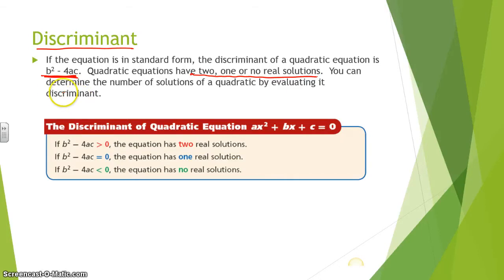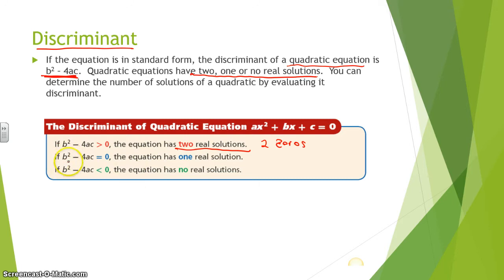So when you're given a quadratic equation, and you use the formula to find the discriminant b squared minus 4ac, when you simplify that down, when your value is greater than 0, that means it has 2 solutions, meaning it has 2 zeros, 2 places on the x-axis that it crosses.